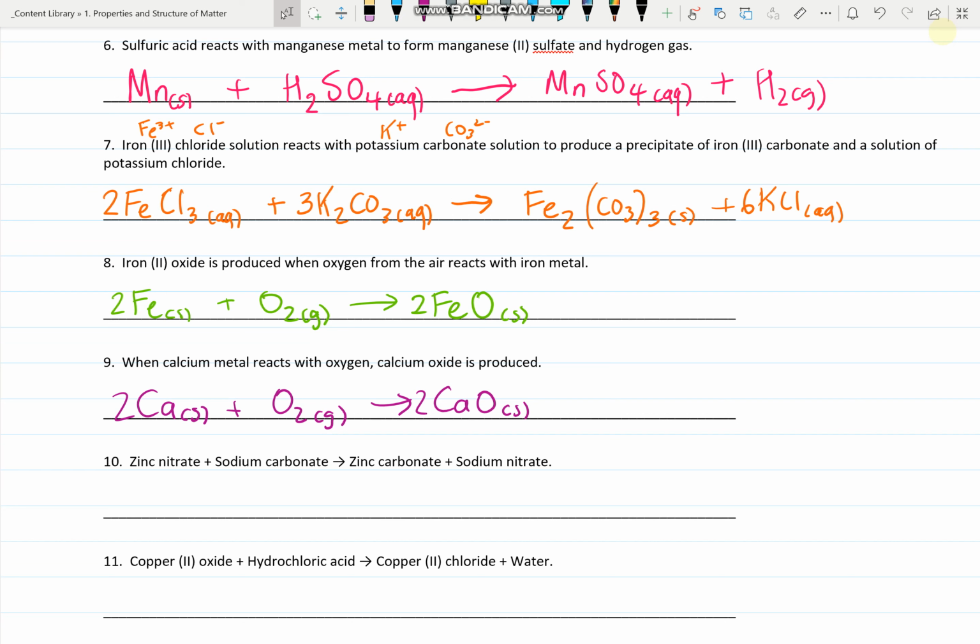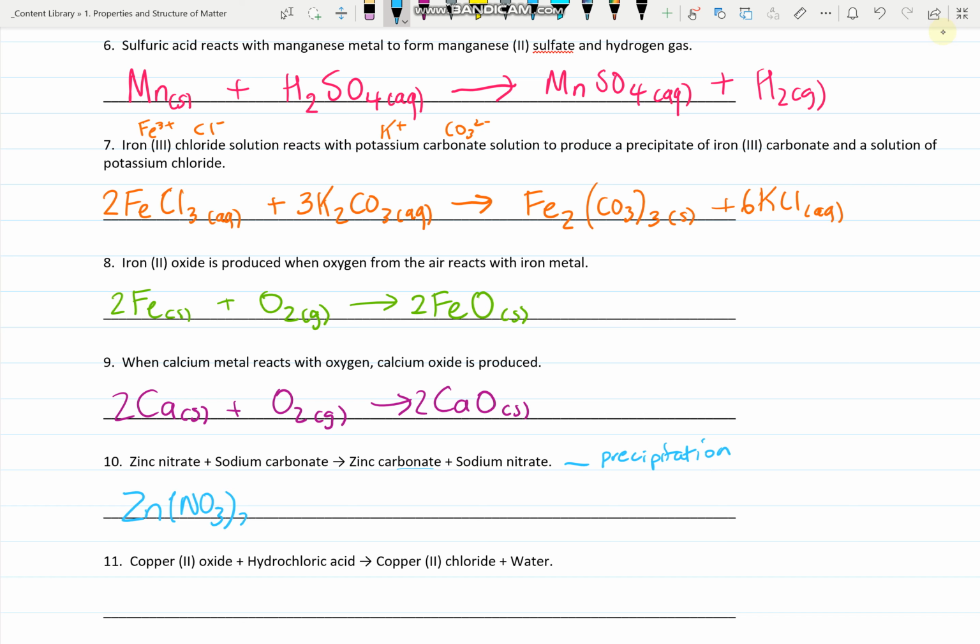Okay. Not a very easy one to pick. This is a precipitation reaction. And if you do a whole lesson on solubility, this one would be pretty easy to pick. If you go off my rules, nitrates are always soluble, so that zinc nitrate is going to be aqueous. Zinc's always 2+, by the way.